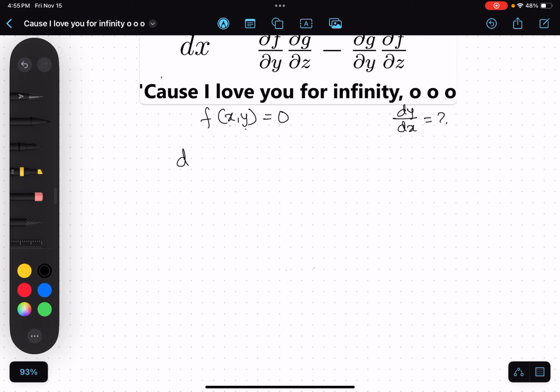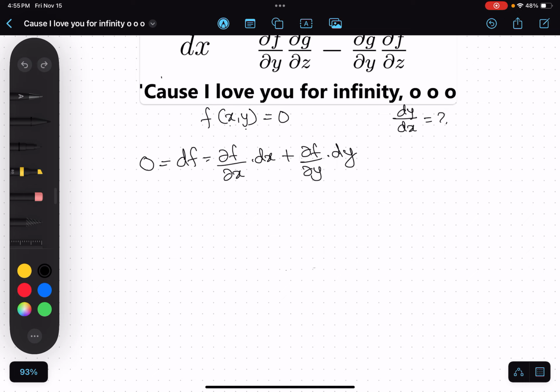So the change in f will be 0 when there's a small change in x and a small change in y. So a small change in x is basically the rate at which the f changes with respect to x times the amount of change in x. So this will give the change in f due to x, and this will give the change in f due to y. So basically this is the rate at which f changes due to y, right?